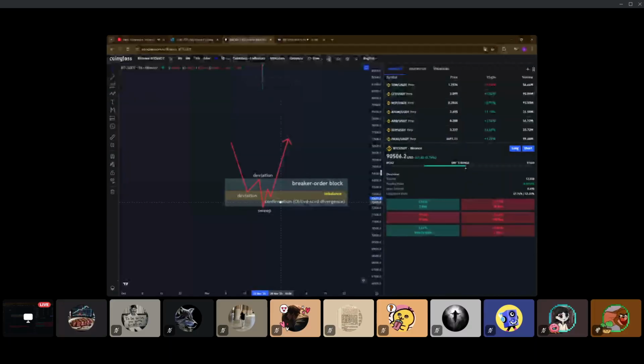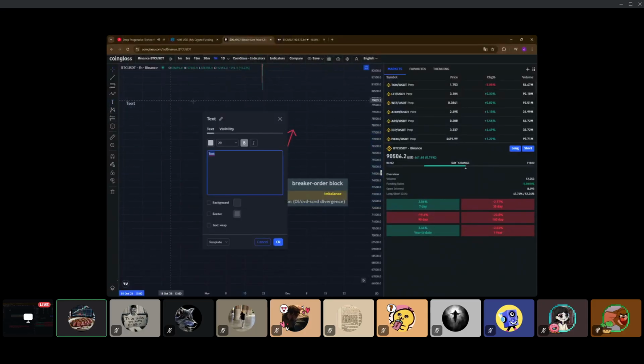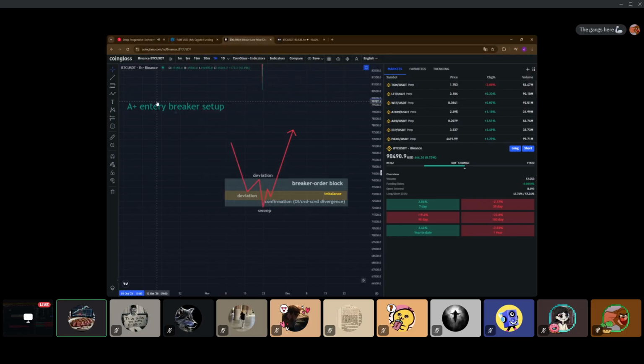And from here, you get your entry. This is an A plus model, technically, but it's not MSS. It is much different and much more precise.